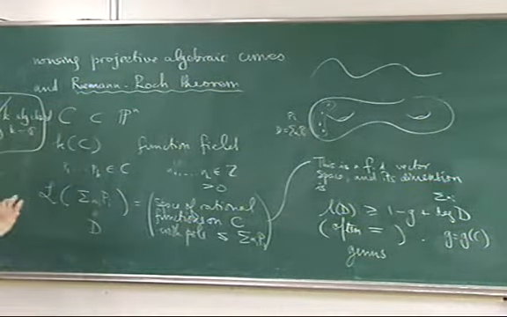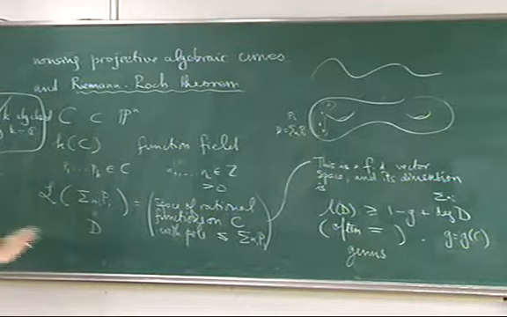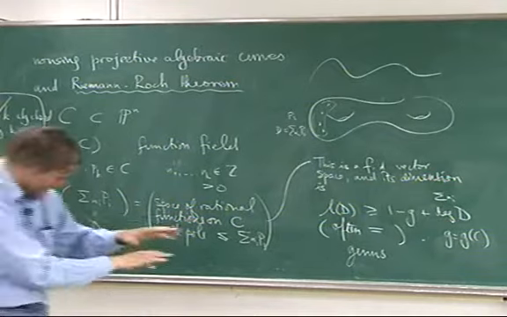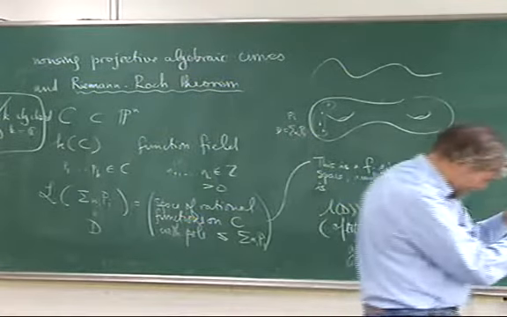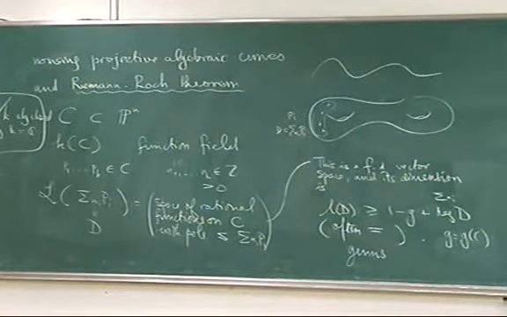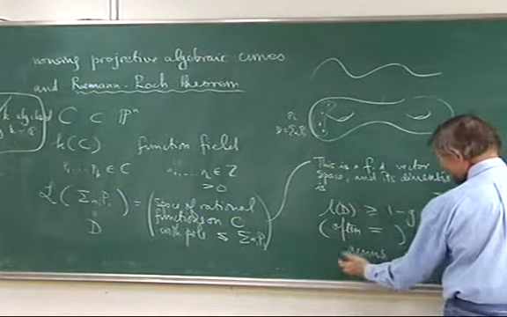The word genus has some kind of biological connotation. In biology, a genus is a kind of big family, and then a species inside it is a smaller family.